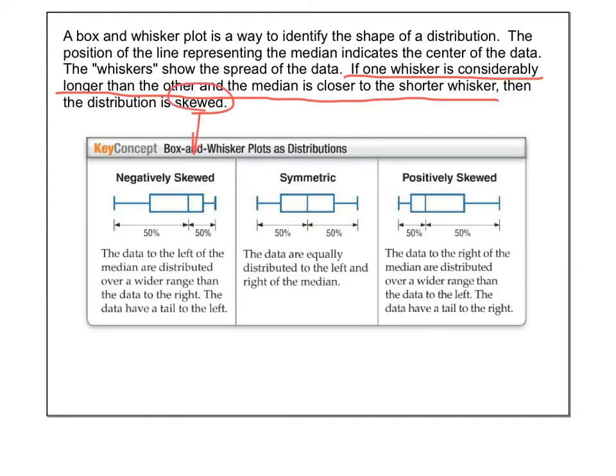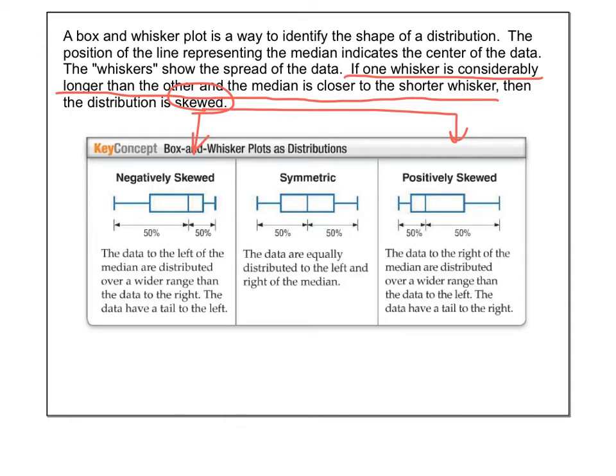Take a look at the 2 examples here of positively skewed and negatively skewed distributions. The data to the left of the median on the negatively skewed distribution are distributed over a wider range than the data to the right.